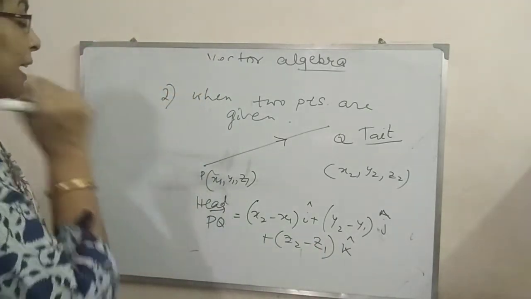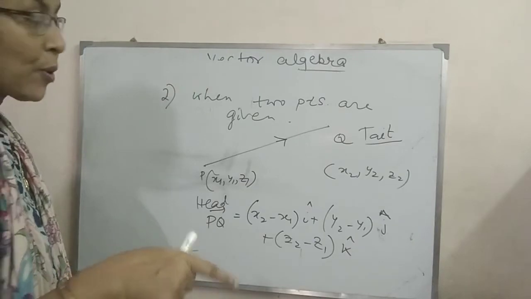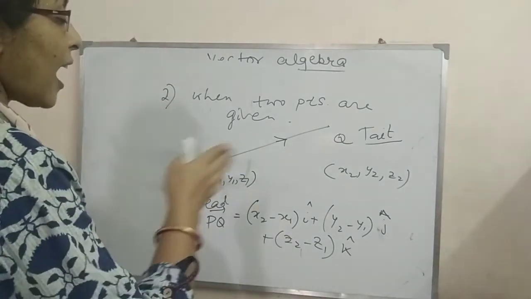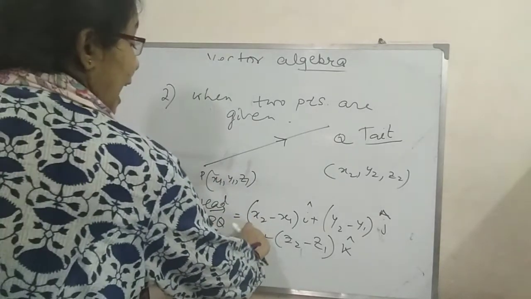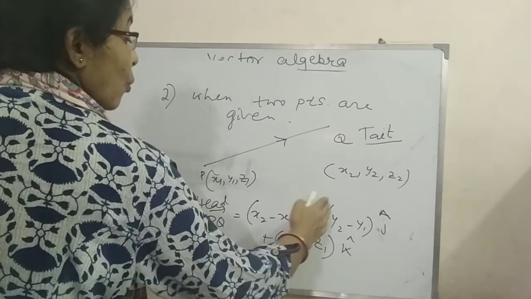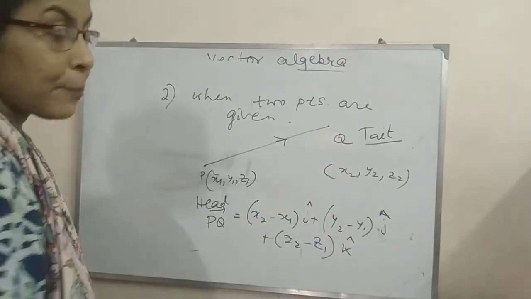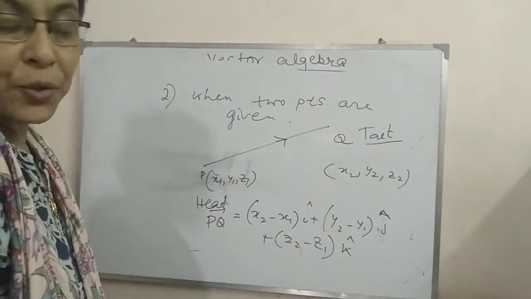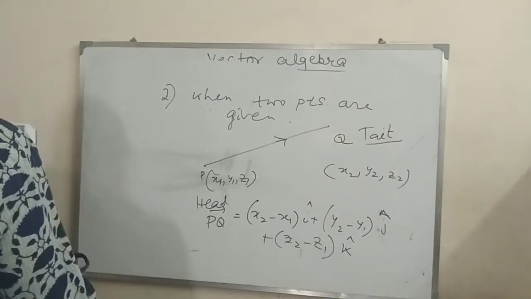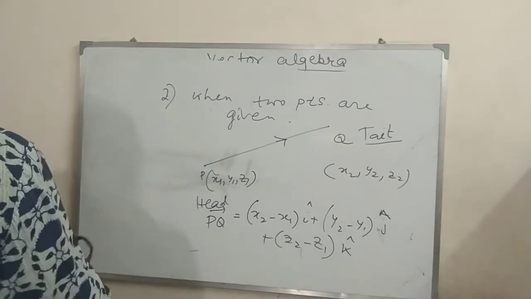Here x2 minus x1, y2 minus y1 and z2 minus z1 are scalar components, and x2 minus x1 into I, y2 minus y1 into j and z2 minus z1 into k are the vector components. Okay.